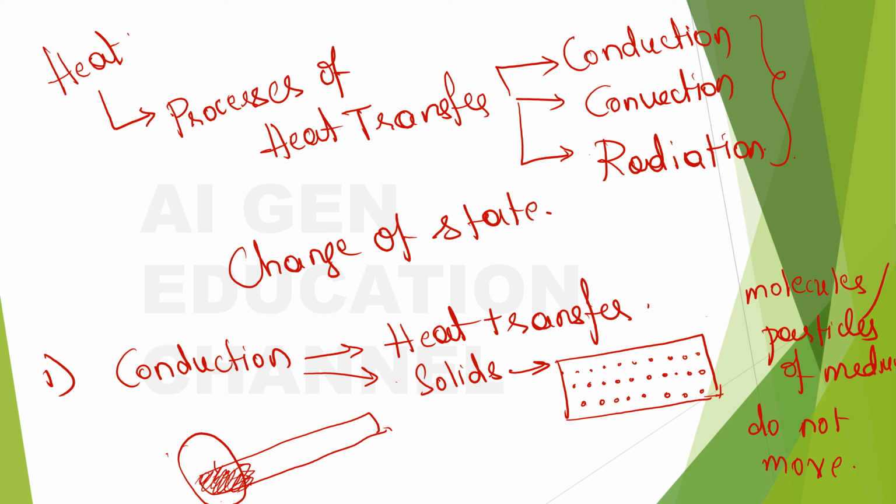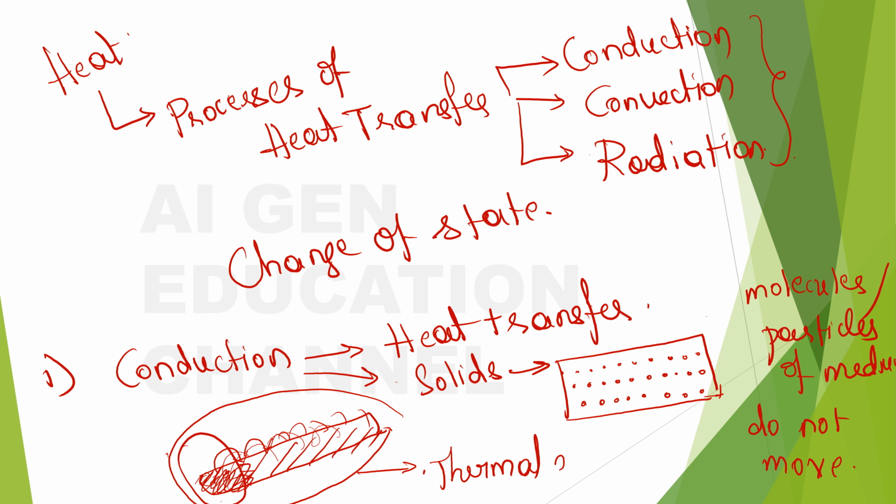So eventually they transfer some amount of heat to the other molecules beside them, right? And then this process continues, the same thing happens, till an equilibrium of temperature is reached. That is, the heat is transferred from here to the colder part too, and the whole object will attain thermal equilibrium or will have an equal amount of heat, right?